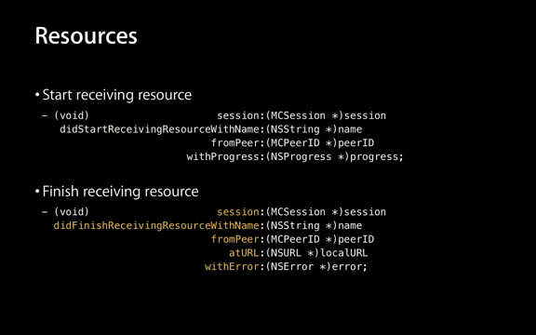And this last parameter will be an error that the framework will set in case something goes wrong. So again, this callback will be called in two cases: if the resource has been successfully transmitted, or if something went wrong. In that case, an error parameter will be set for you so that you will know that something went wrong.